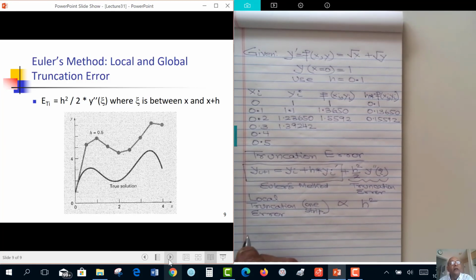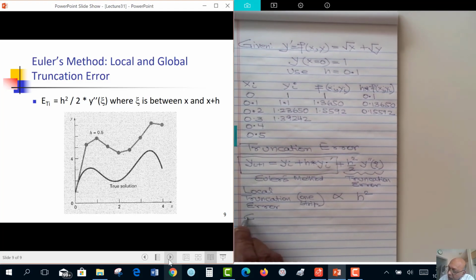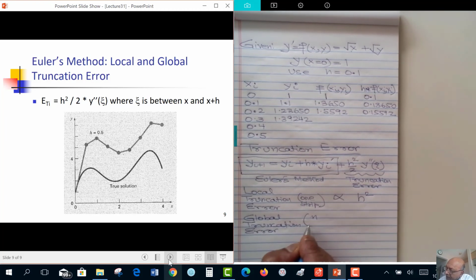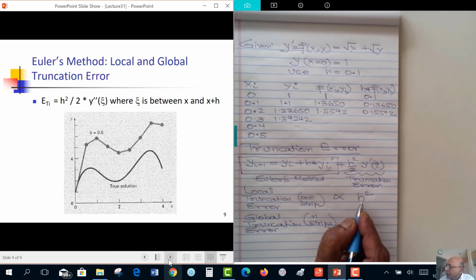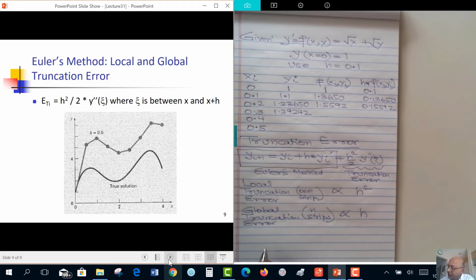So it's an order h square local method. But we should look at global truncation error. Global truncation error is n strips. So we'll multiply n times h square. Of course, n is proportional to 1 over h. So we will get global is order h. So Euler's method is considered an order h method, global.